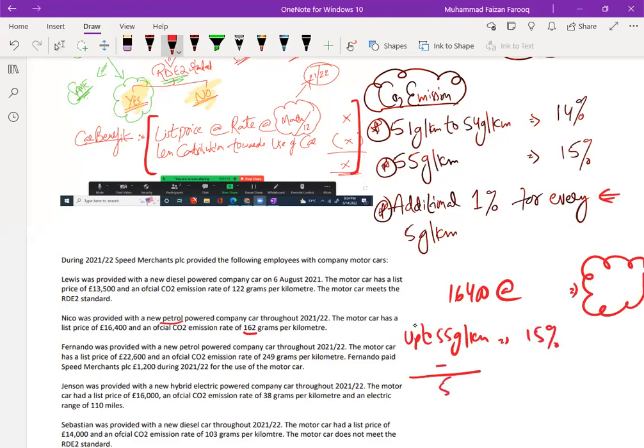And for the excess, it's 162 minus 55, divided by 5. How much is your answer? 21 point something, but we have to round it down. So it's 21. So it's coming to 36. 36% of 16,400 will be 5904.